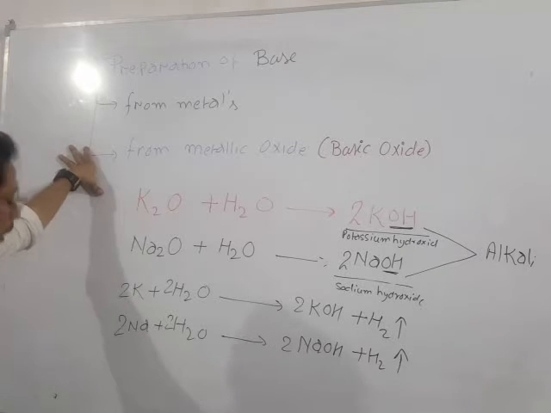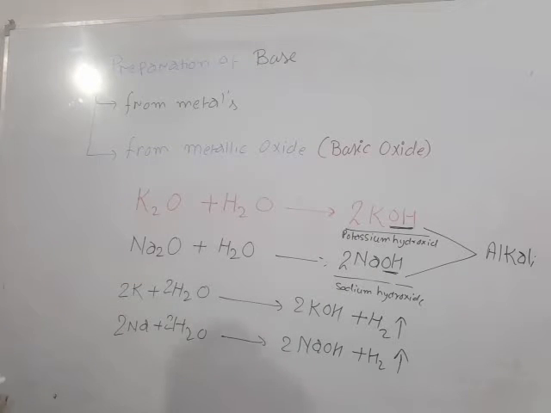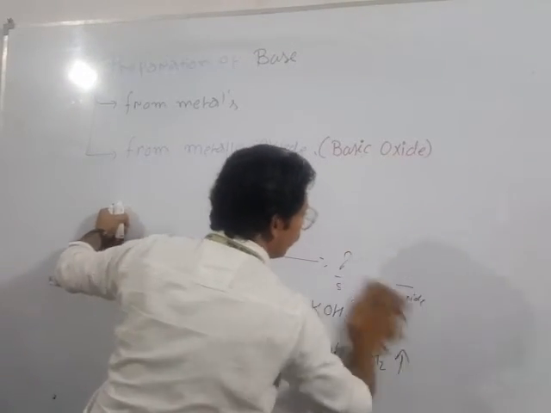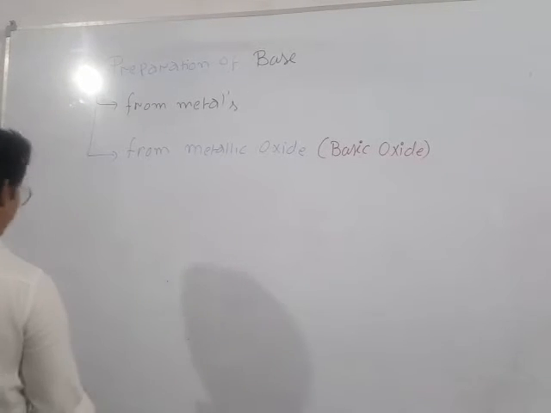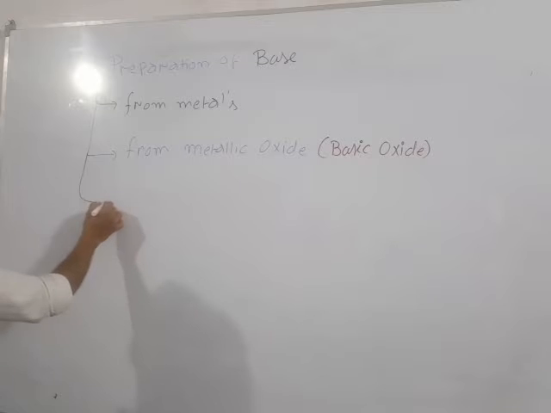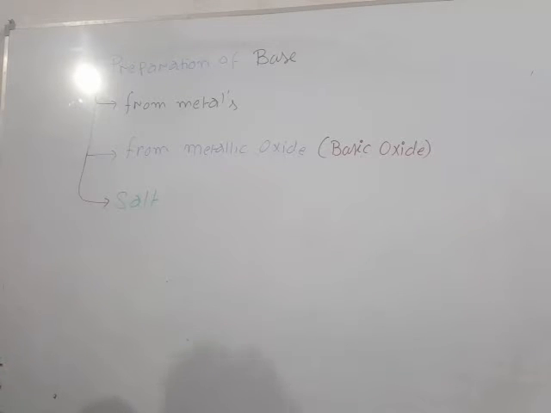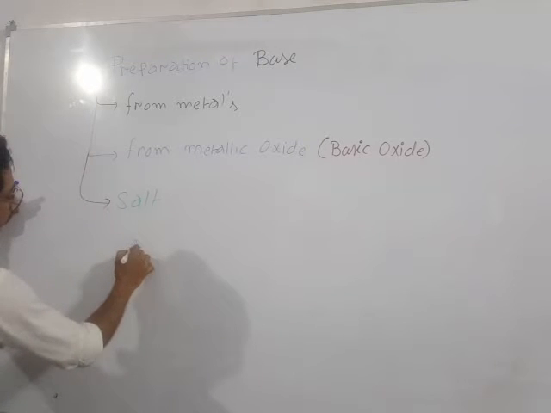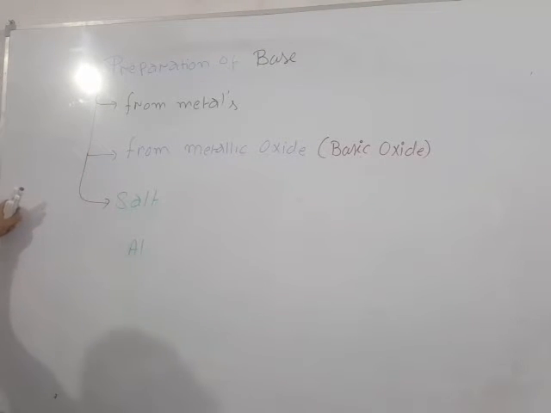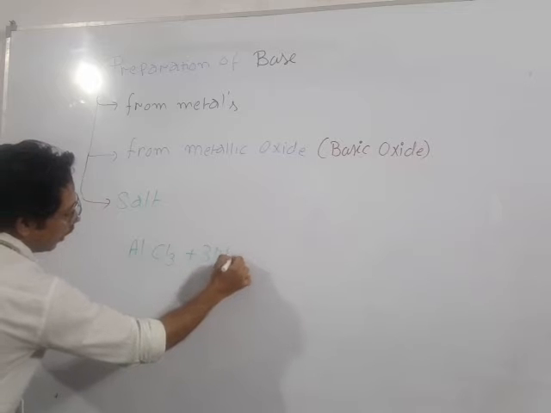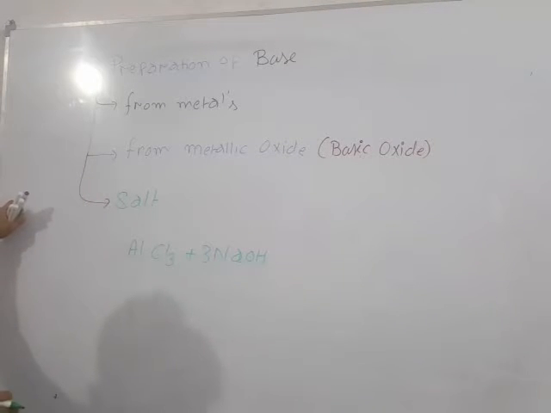Now next one, from salt. You can take a salt like aluminium chloride, AlCl3 plus 3NaOH. Is the green color visible to all of you?